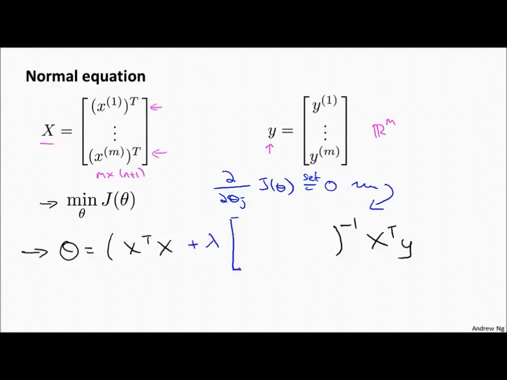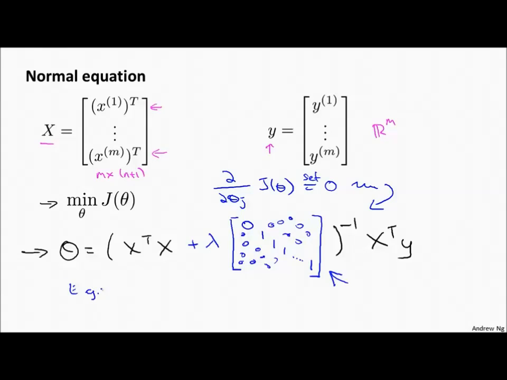Inside this parenthesis, you end up with a matrix like this: 0, 1, 1, 1, and so on, until the bottom. This matrix's upper leftmost entry is 0, there are 1s on the diagonal, and 0s everywhere else, because I'm drawing this a little sloppily.